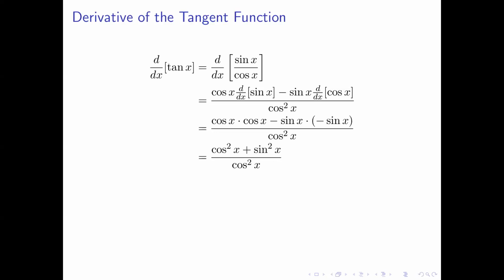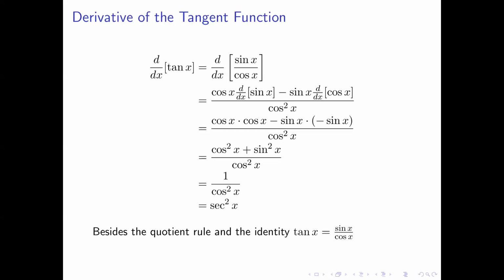And keep in mind that the thing in the numerator is what the last of our 5 identities tells us is equivalent to 1. So we get 1 over the cosine squared of x. And using one of our reciprocal identities, we can rewrite that as the secant squared of x. There's our conclusion. The derivative of the tangent of x is the secant squared of x.